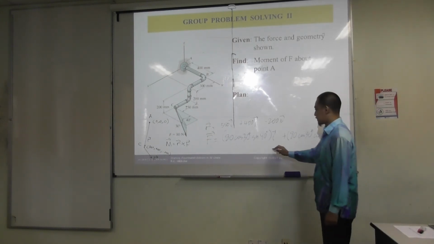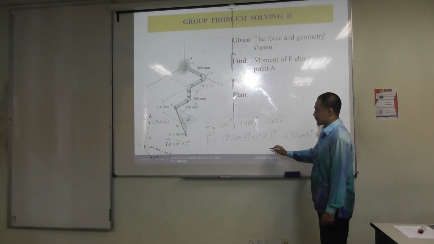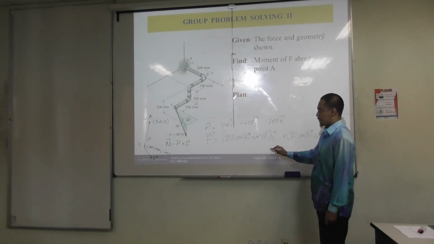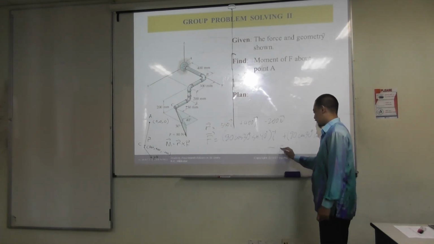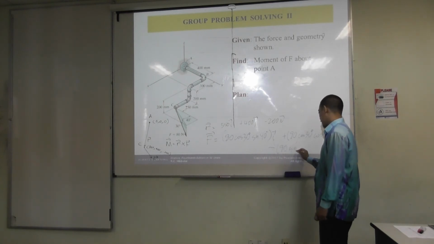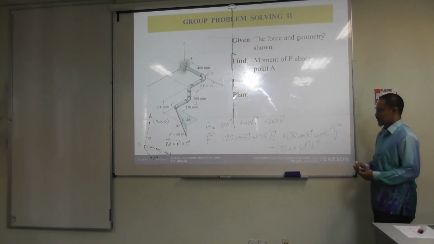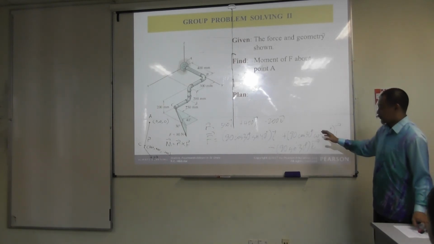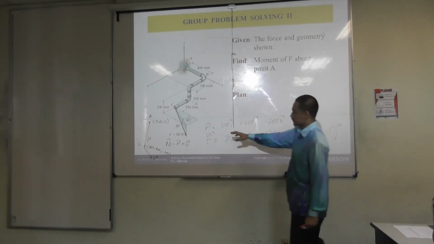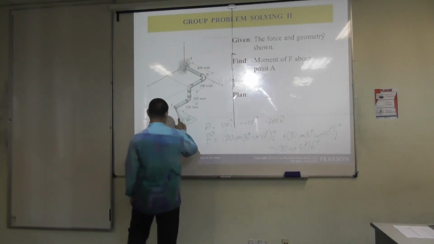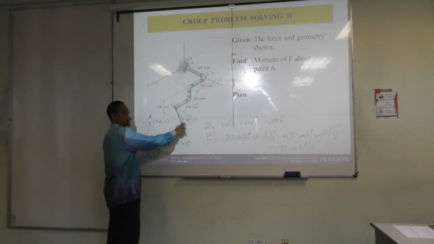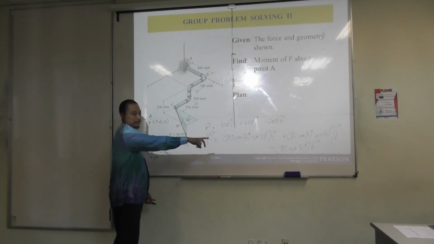And then, what's the k? Minus 80 sin 30. Okay. Now, of course, again, for those who haven't done the exercise yet and practice yet, make sure you practice with the two triangles, right? And you should get that one.